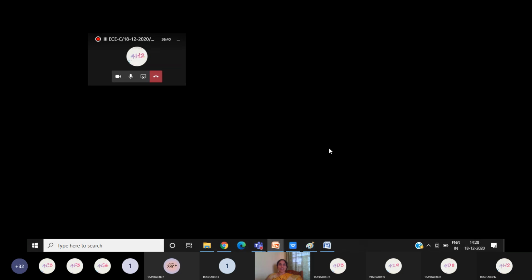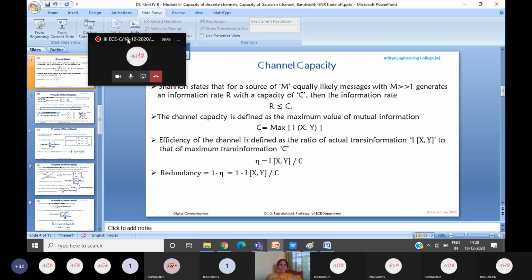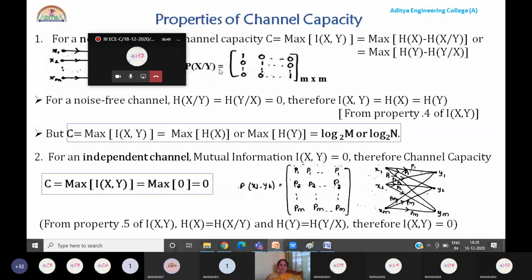Let us move to the present PPT, module 6 PPT. Here for an independent channel, the mutual information I of xy is 0, because if you consider the independent channel, H of x will be H of x by y, or H of y will be H of y by x.